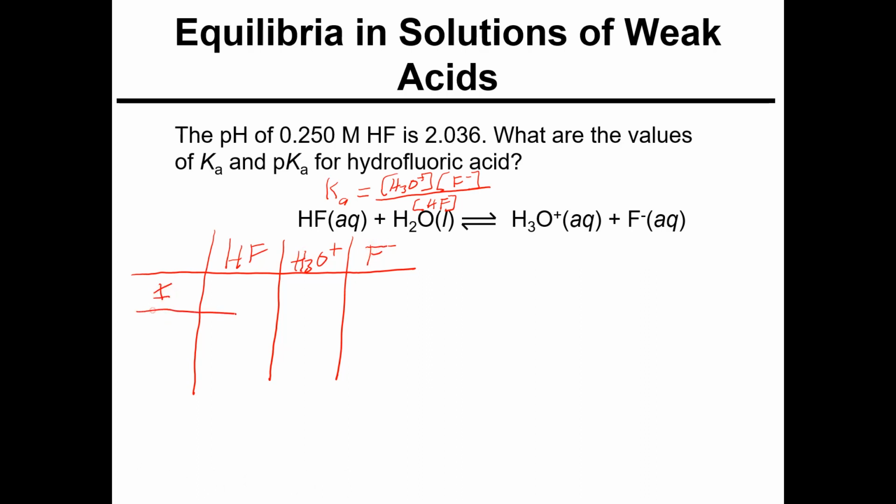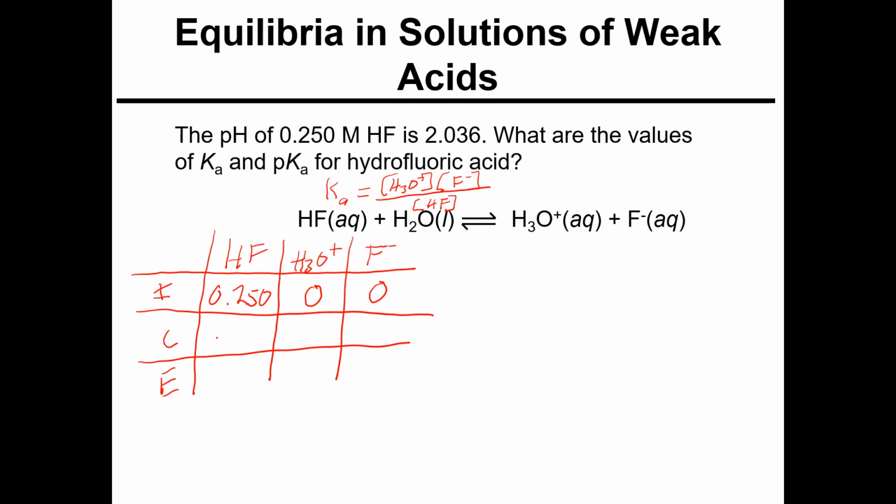So initially, we start with a concentration of 0.250 hydrofluoric acid. And at the very beginning, at the instant that we add the hydrofluoric acid to water, there is no H3O plus or F negative yet.